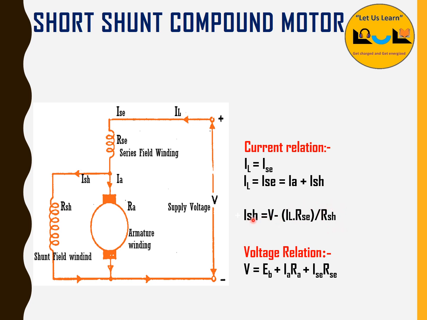That means I is equal to V by R. Now the voltage relation: V is equal to EB, that is the back EMF in the armature, plus IA RA, this is the voltage in the armature, plus ISC RSE. Since these two are connected in shunt, that is parallel, they are taken as IA RA plus ISC RSE.